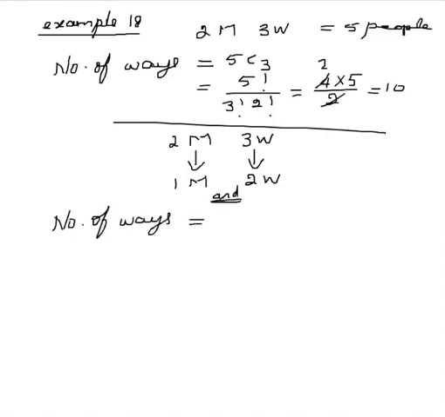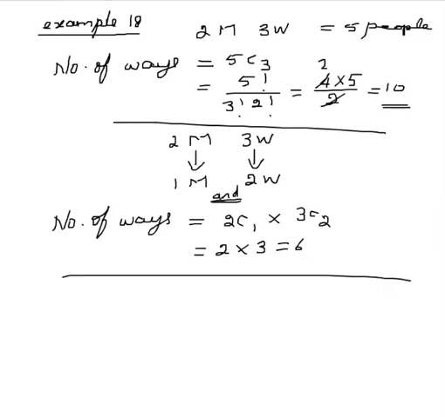Number of ways of selecting 1 man and 2 women: 2C1 and, so multiply 3C2. 2C1 is 2 and 3C2 is 3. Number of ways is 6. Out of 10 combinations, in 6 combinations we will have 1 man and 2 women.